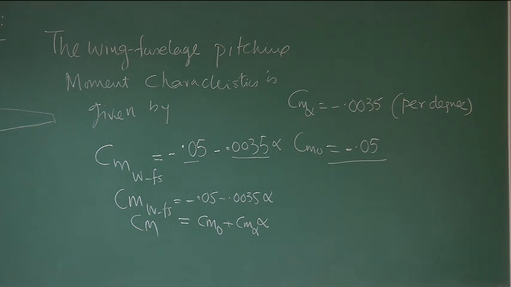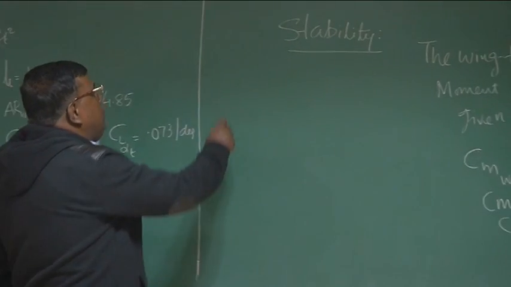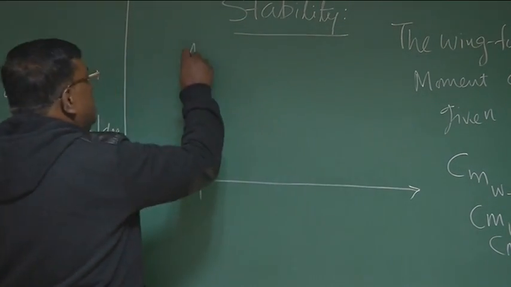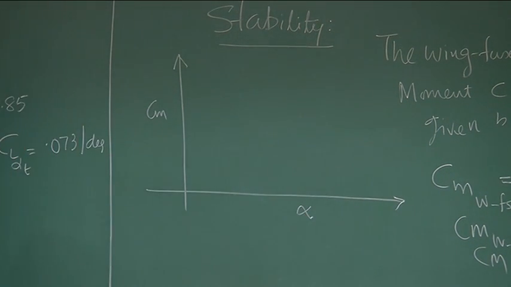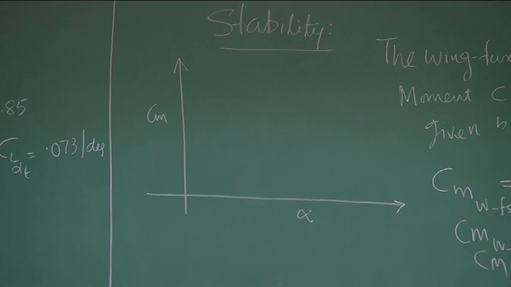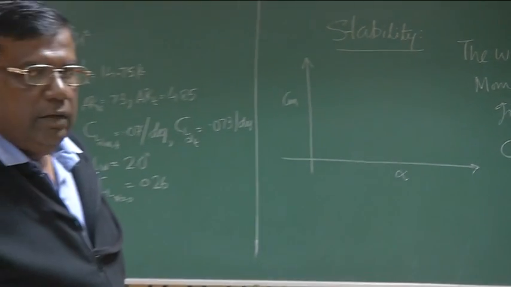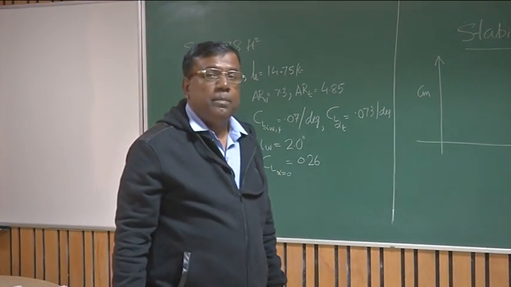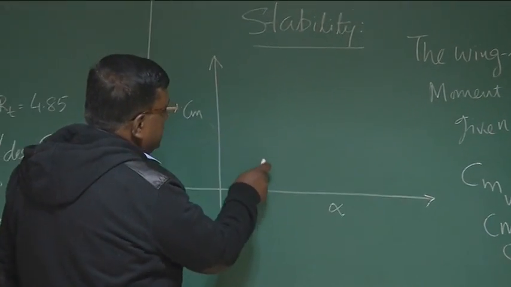Okay, now let us see what is the meaning of that. Are we happy with it or not? So if I try to plot Cm versus alpha, right? What type of plot or variation do you really expect for a statically stable airplane, which can be trimmed at a positive angle of attack? We all know it should be something like this.